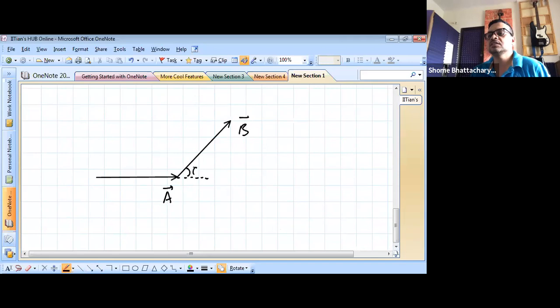Theta becomes this exterior angle, and in this triangle the resultant sum of A and B becomes this particular vector. This now represents A plus B.